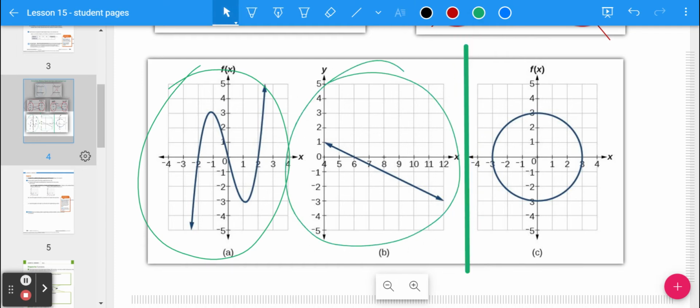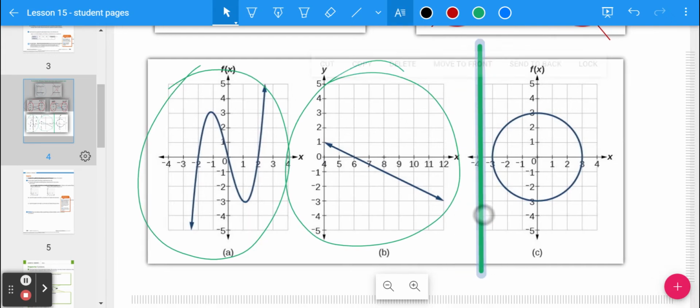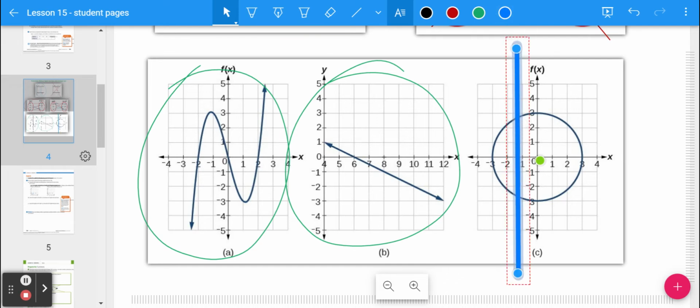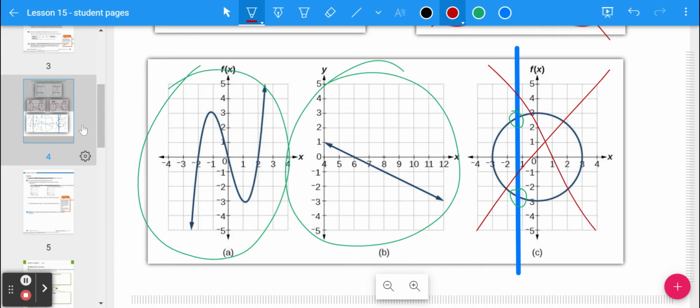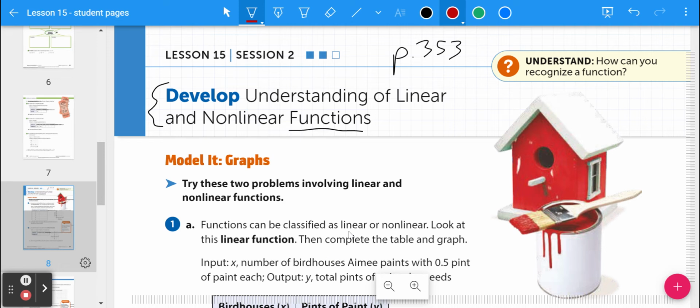If I take it past this circle one, I can stop pretty quickly because boom, it's crossing 2 points at the same time, here and here. That means if you input, whatever, -1.5, you'll get 2 outputs. You can get a negative or a positive, and that is not a function because it does not pass the vertical line test.